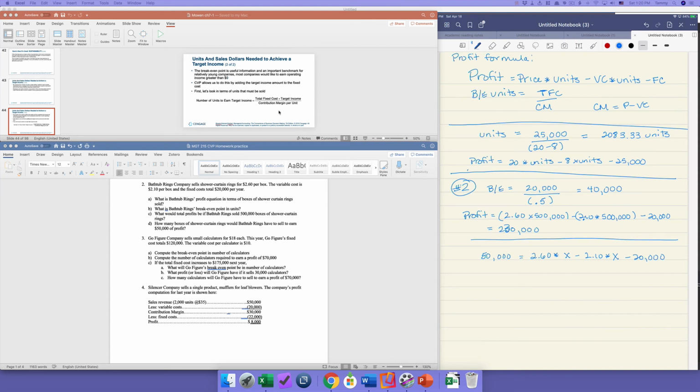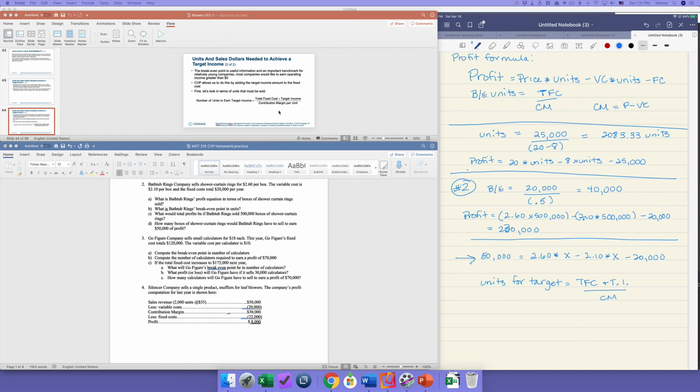So if you rearrange these terms, you come up with the following formula, which is the units for the target income equals the fixed costs plus the target income over the contribution margin.